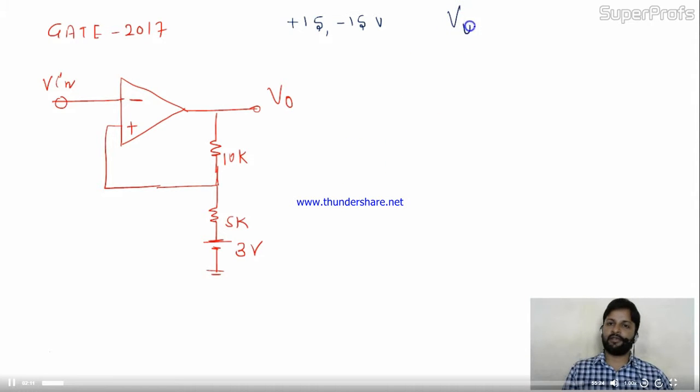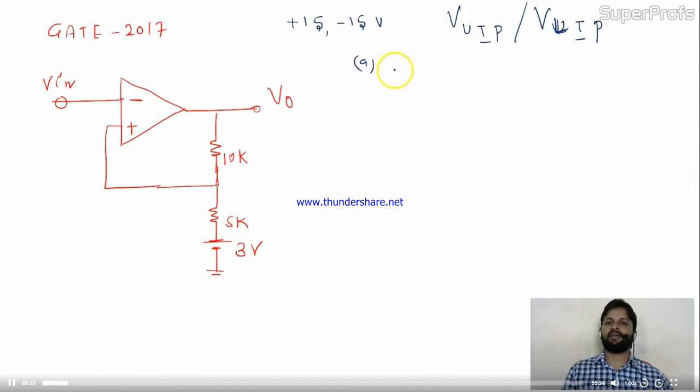He is asking for the UTP and LTP, the upper and lower threshold voltages. These are the threshold voltages over here. So the options are given.